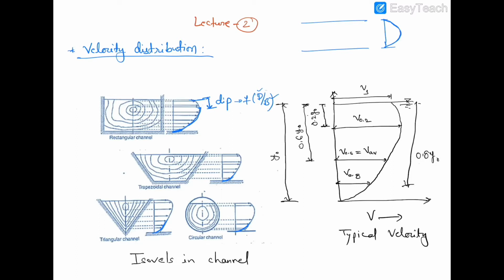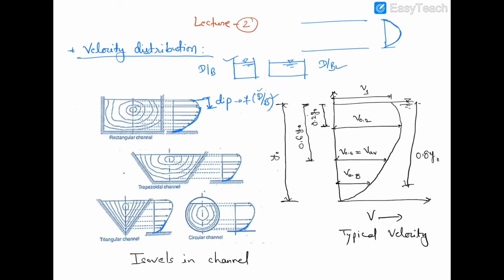Okay, here we can see one example. Suppose the depth of flow is the same and one channel has a small width and one channel a large width. In this case the d upon b value will be more because the depth is the same in both cases, and here d upon b will be less because the width is higher.